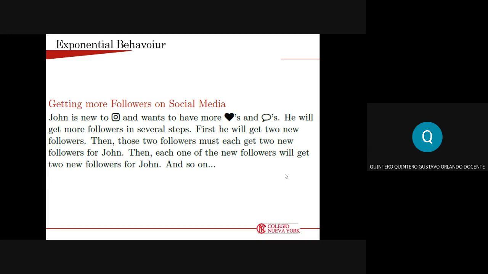In the first step, he's going to get 2 new followers. And then those 2 new followers must each get 2 new followers. Then each of those new followers are going to get 2 new followers, and so on.